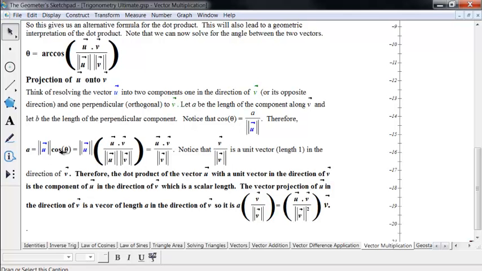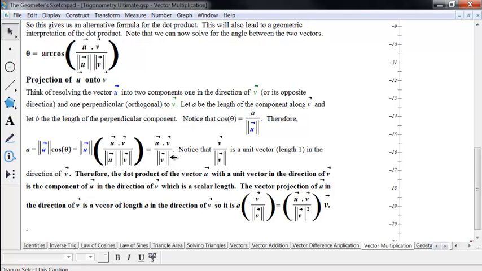But wait a minute, cosine of angle theta we just saw was what's in this fraction right here, the dot product over the two norms, and the norms of u cancel, and so this simplifies to the size of a is the dot product divided by the size of v. Now notice that v over the norm of v, this part right here, is just a unit vector in the direction of v.